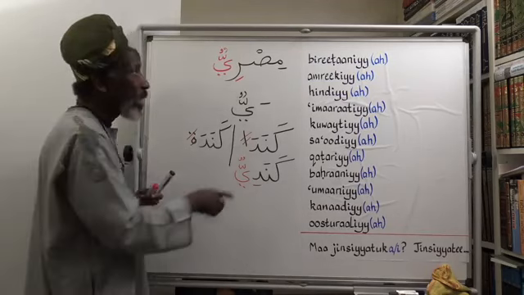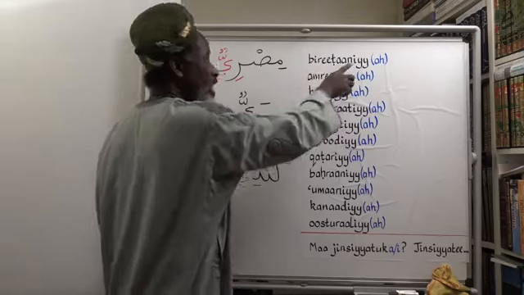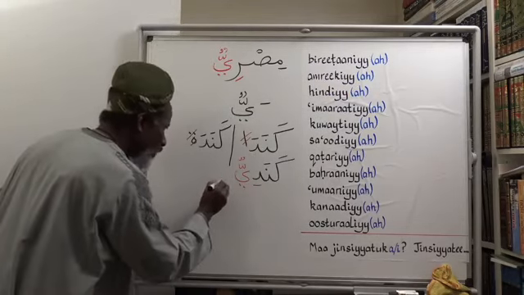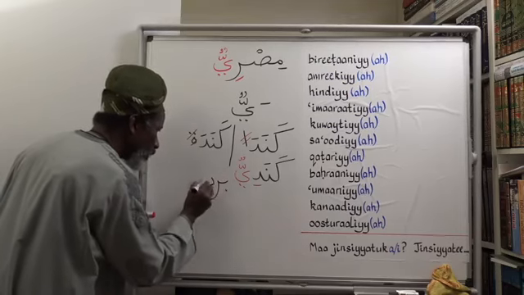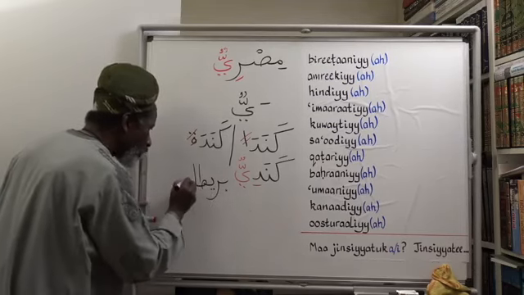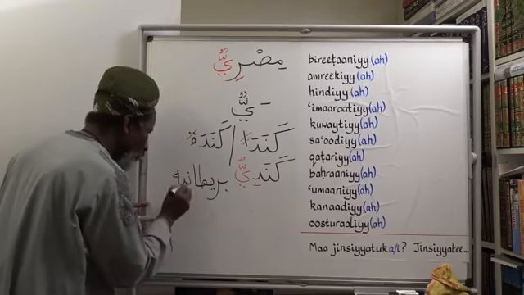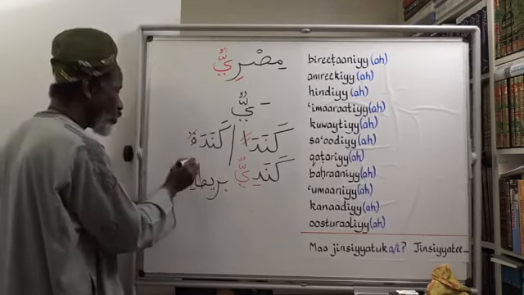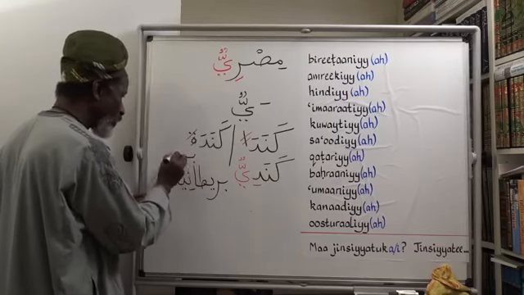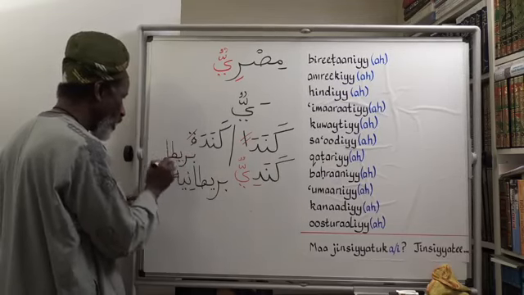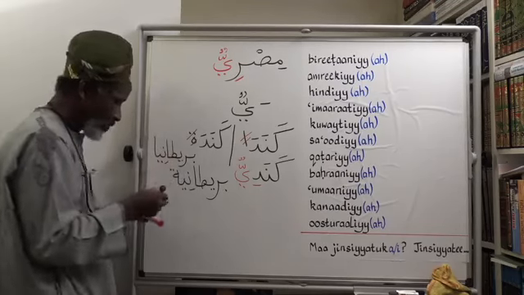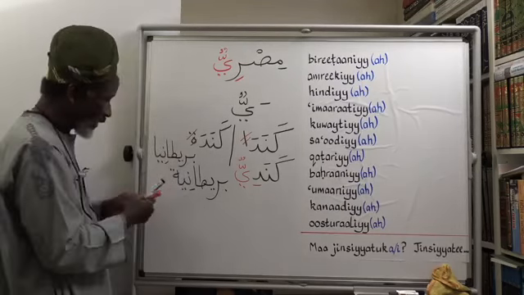Amerikiyun. The same thing for Britannia. Originally Britannia is written using the ta marbuta or using a long alif. Either way, you do the same exercise.